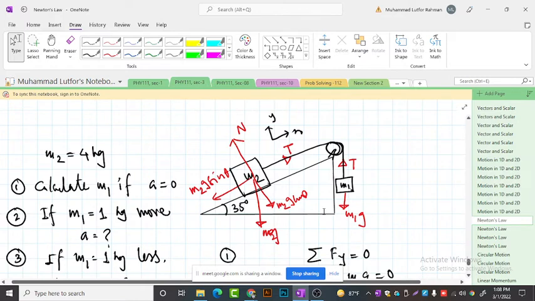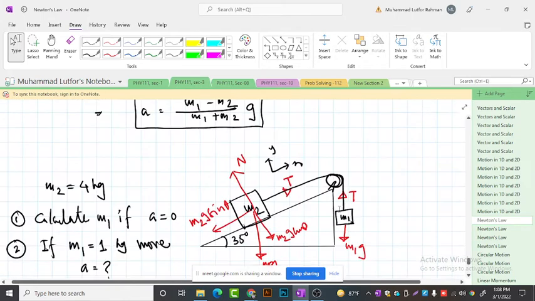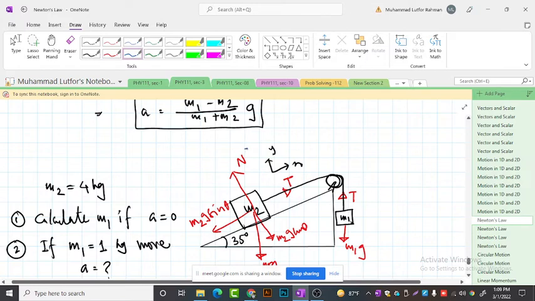Since I know that M2 is 4 kg and M1 is 3.29 kg, the general idea would be that since M2 is bigger, it will move towards the downward direction, right? That is a general idea, and in that case M1 will move in the upward direction with the same acceleration a. I have to find that acceleration.